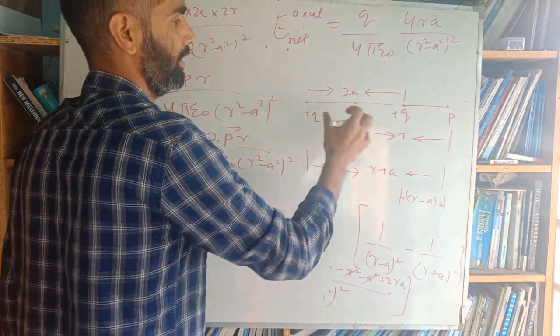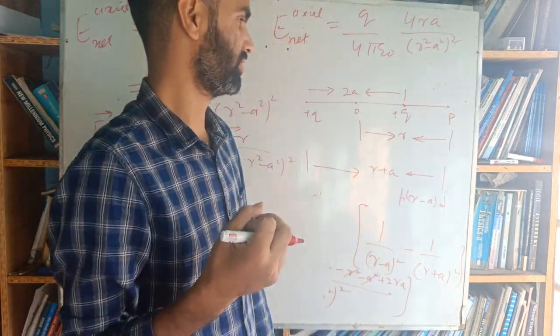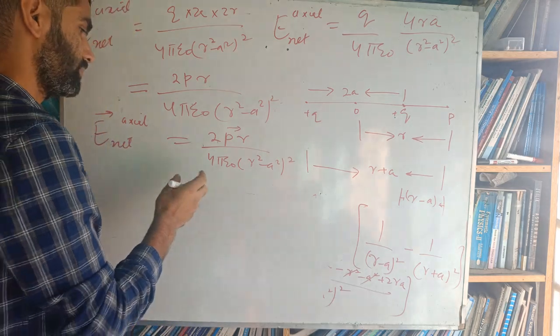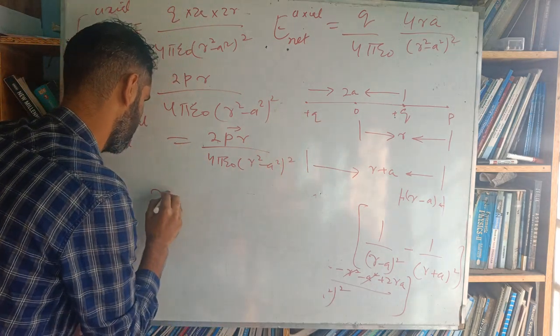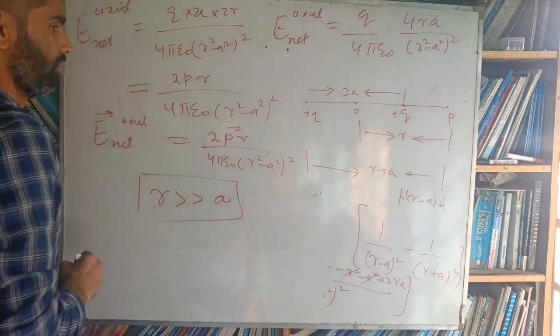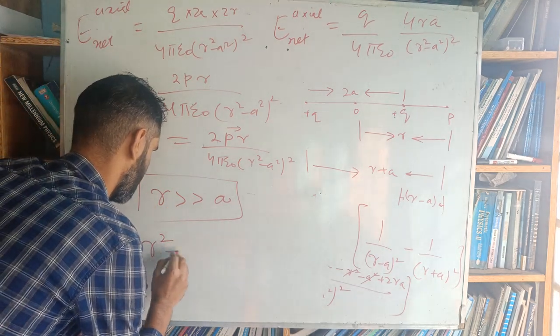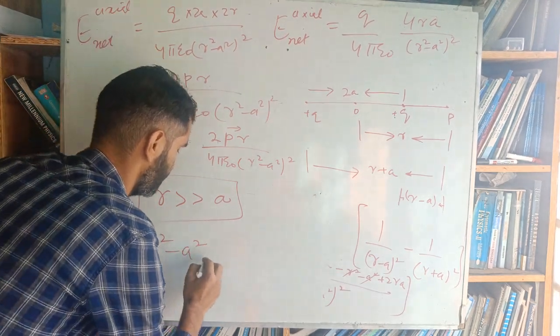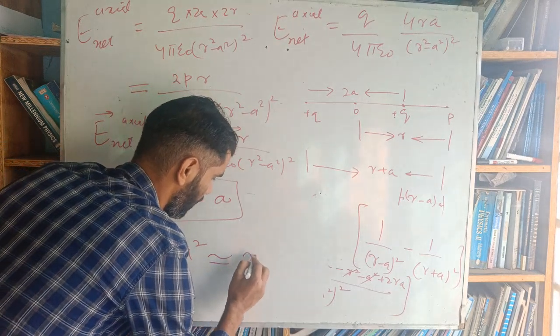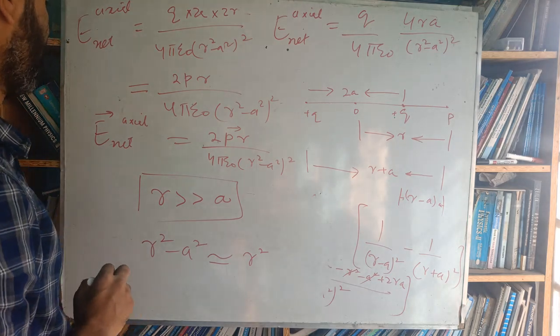But if this point of observation is at some millimeter or some centimeter, then r becomes far greater than a. So in that case, I can safely write r square minus a square equal to r square, because r is far greater than a.